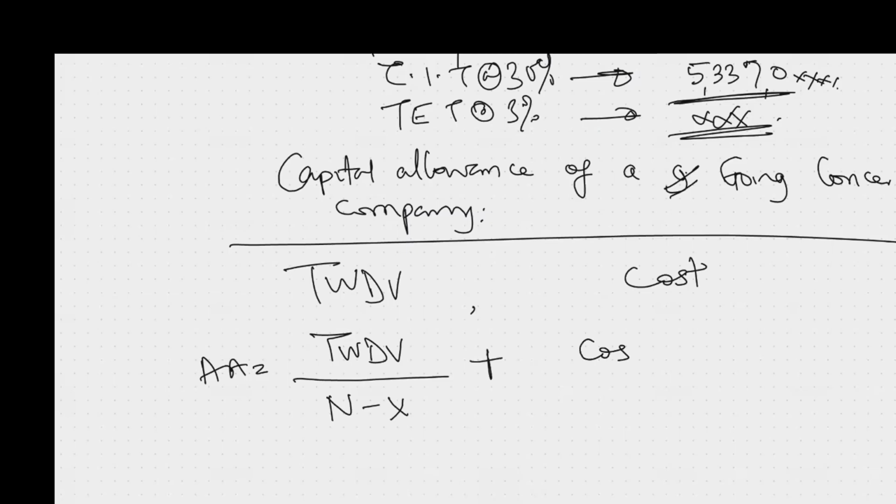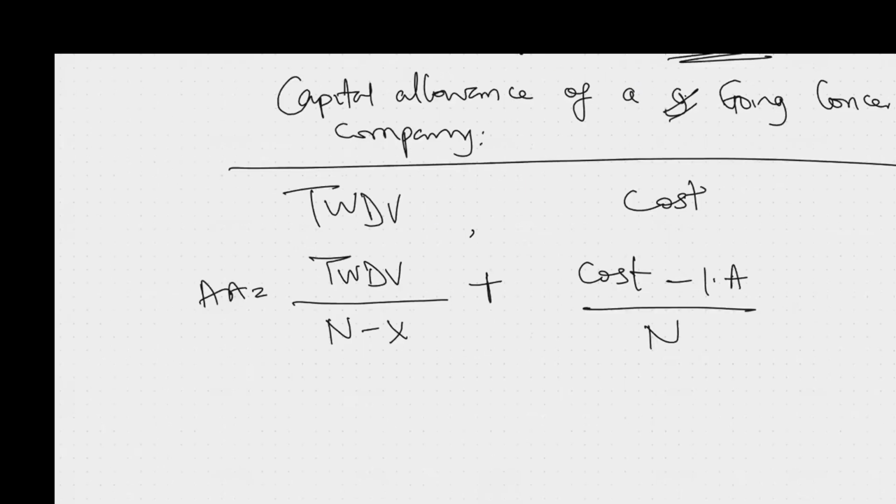Now that means if an asset is newly bought, you must compute annual allowance and initial allowance of the asset. If they've been using the asset for so long, the only thing you are computing on the asset is annual allowance.